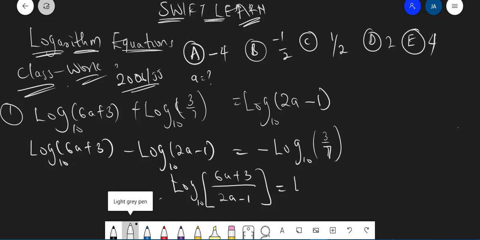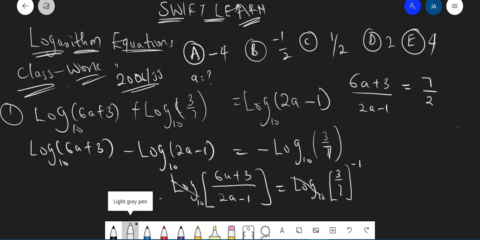So I can say log of 10 bracket 3/7 raised to the power of -1. Now as I said earlier, these two are similar. They can cancel each other. 3/7 raised to the power -1 is 7/3. So I have 6A plus 3 over 2A minus 1. Sorry, my screen is rough. In the next class I'll try to work on making it more organized.